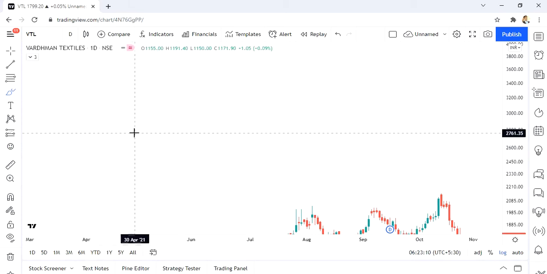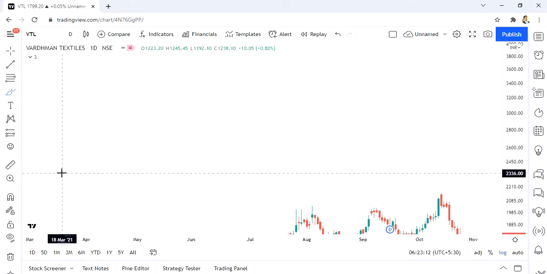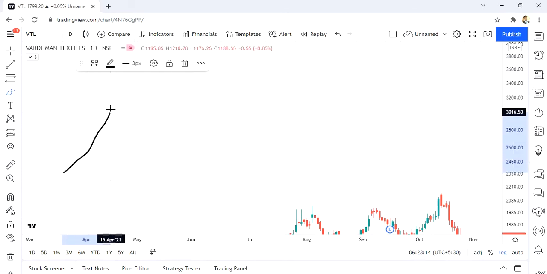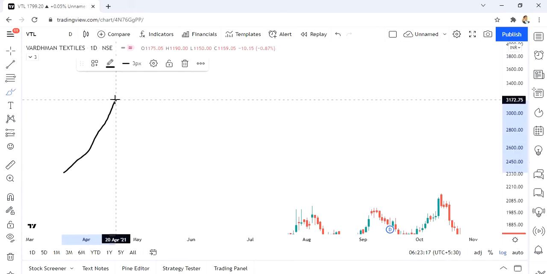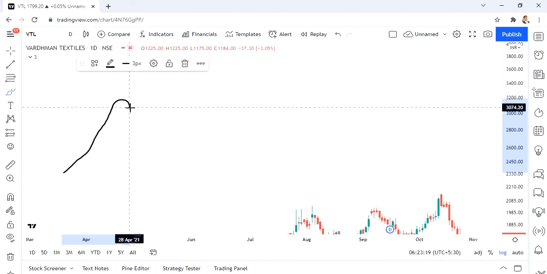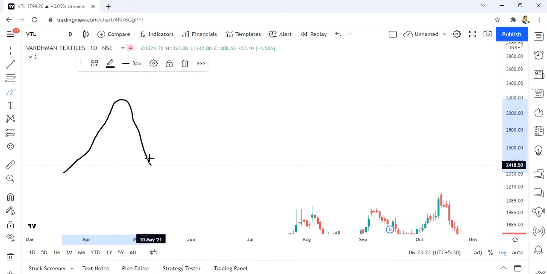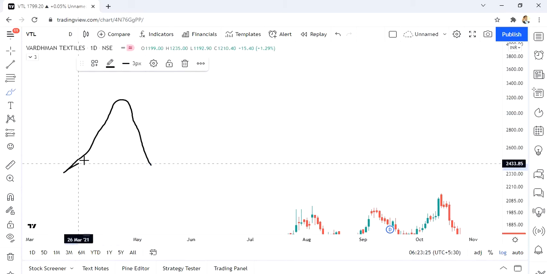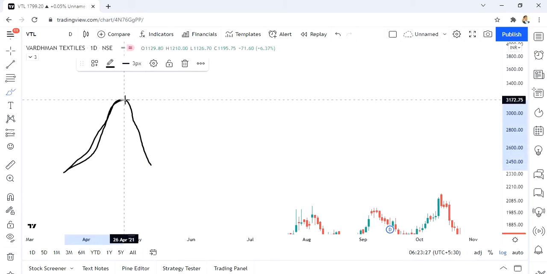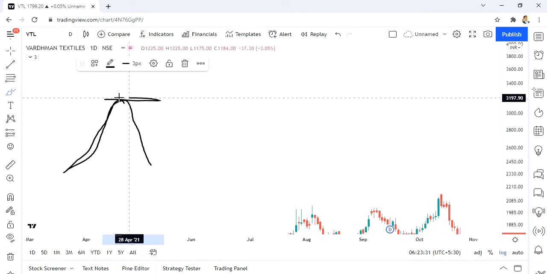The resistance level is, say for example, the stock has been moving higher, and suddenly it makes a U-turn from there and starts to fall. This level, after rising, where the market stopped moving ahead and made a U-turn from there, is called a resistance level.